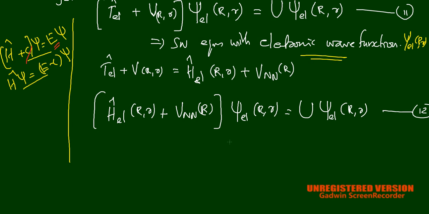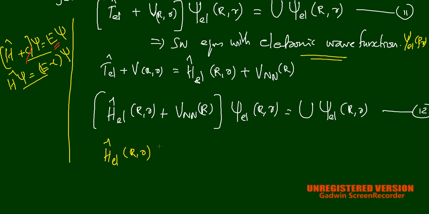So we can apply the same theorem here also. Here we have h cap electronic plus Vnn. If you omit Vnn from this equation, what will be the resulting equation? The resulting equation will be h cap electronic of R, since we have omitted Vnn.